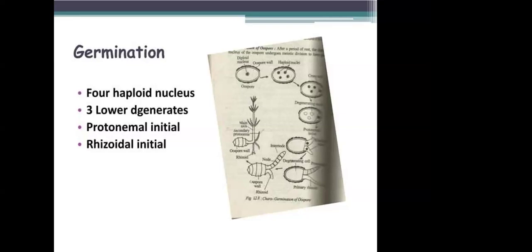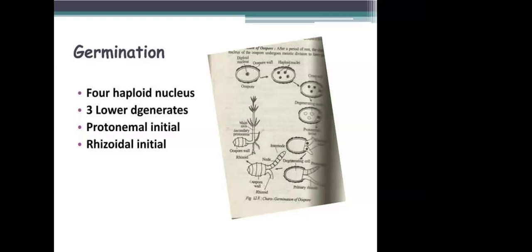The oospore wall bursts open, exposing the upper cell, which divides obliquely and longitudinally to produce the protonemal initial and the rhizoidal initial.